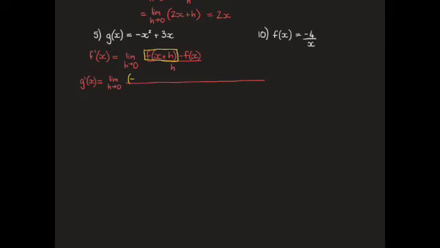I have got minus, and then instead of x, I'm putting x plus h, and it's squared, and then I've got plus 3, and once again it's going to be x plus h instead of just normal x. Then let's do the second one in green, just so that once again it's easier to see. We've got minus x squared plus 3x, and of course at the bottom we still have h.